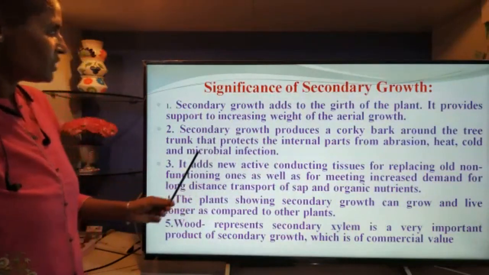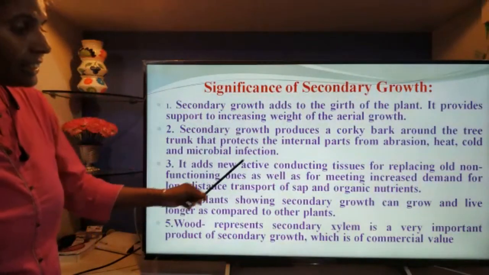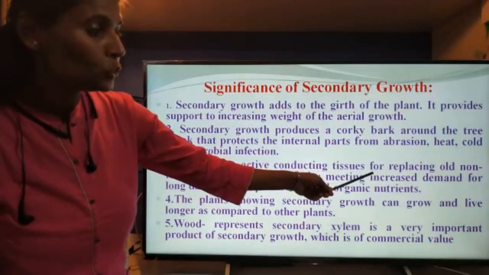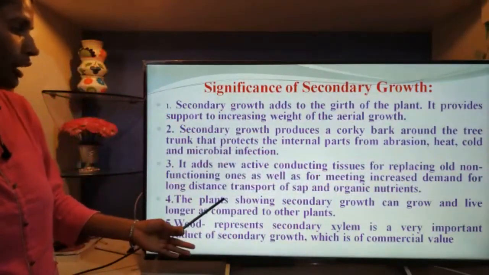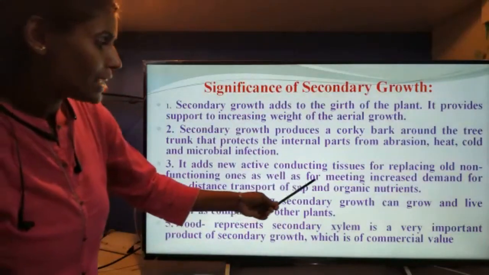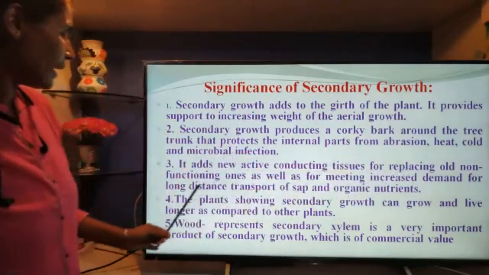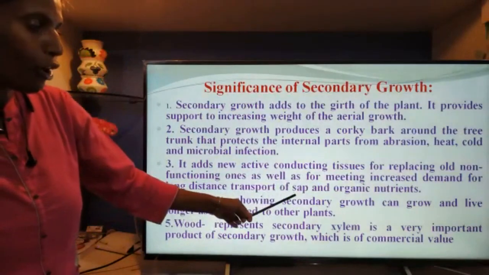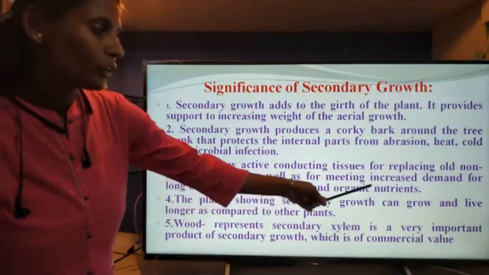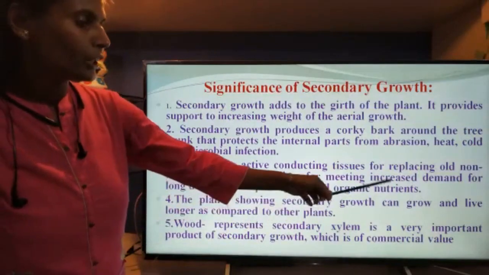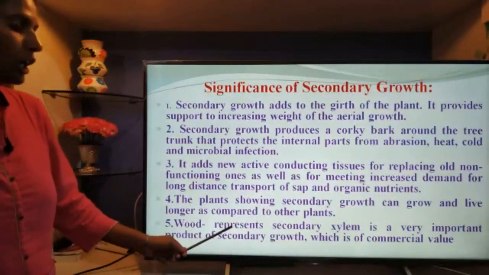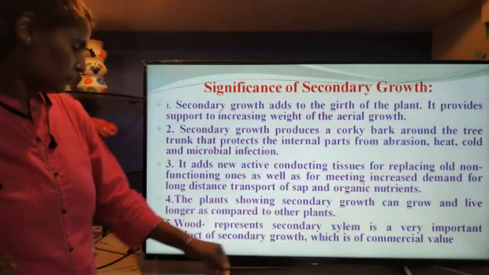Third, it adds new active conducting tissues for replacing the old ones which become non-functional after some time, as well as for meeting the increased demand for long distance transport of water and organic nutrients. The plant showing secondary growth can grow and live longer compared to other plants.